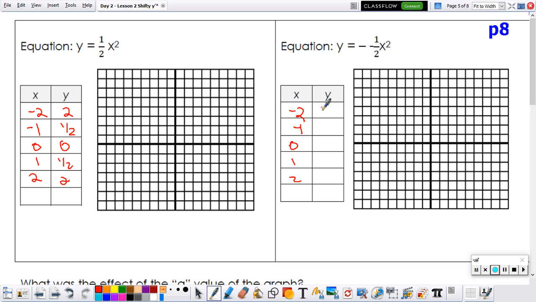And then this is going to be, so let's see, we've got 0, 0. So here we can see the 1/2 made the graph wider.